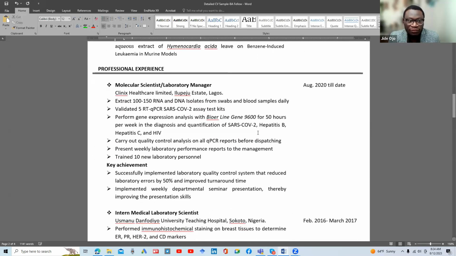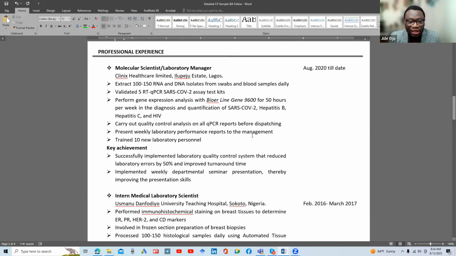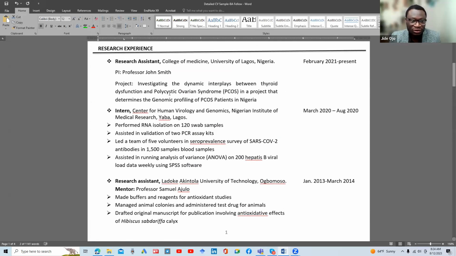All right, so professional experience. I really do not understand why he separated these two, but I think these were more of paid positions, right? So these were more of paid positions, while this was more of research in the course of his studies.